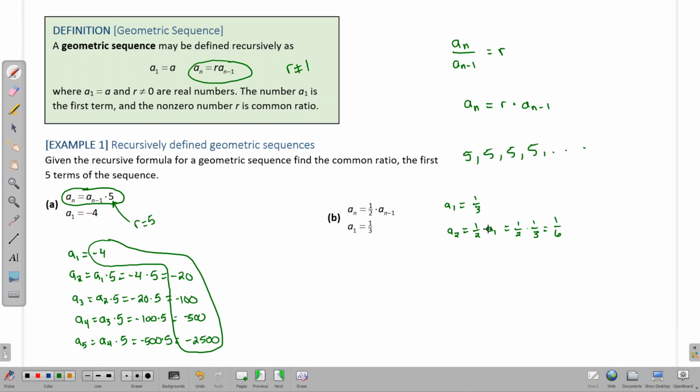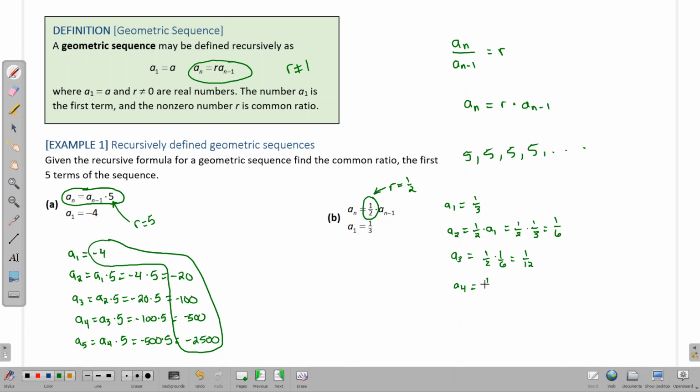Now, we don't have to keep writing all this work out that I'm writing here. So the important thing is if you can recognize what r is at the beginning, which in this case, 1/2 is going to be the r. Right, that's the number you're multiplying by each time. We can go straight to the next step just by multiplying the previous one by that 1/2. So A3 would be just 1/2 times 1/6, which is 1/12.